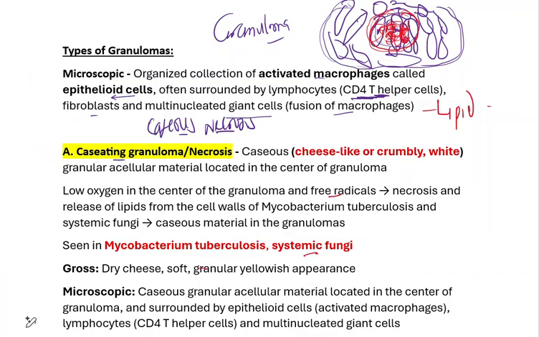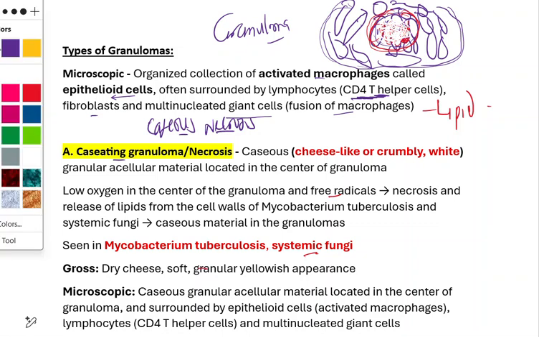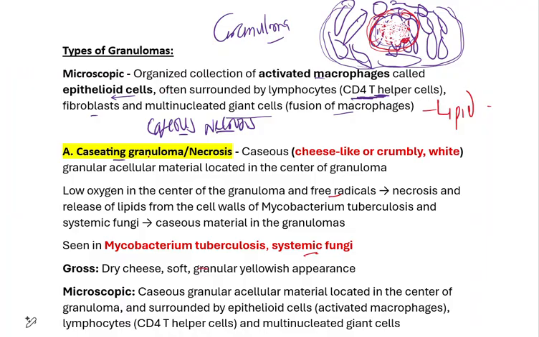So you're going to form all this cyst-like appearance in the center of the granuloma. Caseating necrosis is a caseous, cyst-like or crumbling white granular acellular material located in the center of the granuloma.